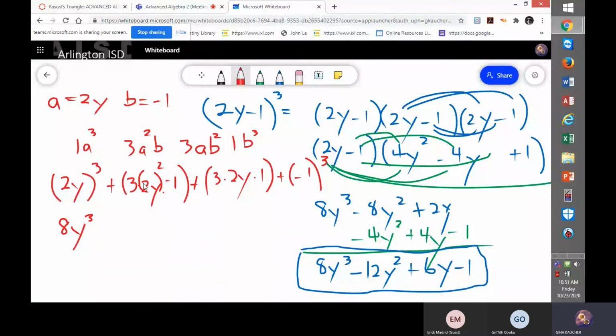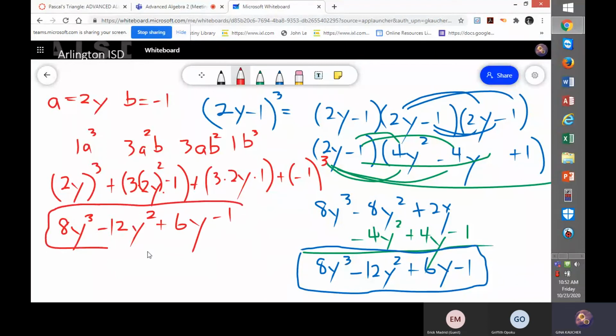So that's 3 times 4 is 12 times -1 is -12, and the y here is squared. Okay, and then here we have 6y times 1 is just positive 6y. And then we have -1 cubed. -1 times -1 times -1 is -1. So that would just be -1. So yes, we got exactly the same answer.